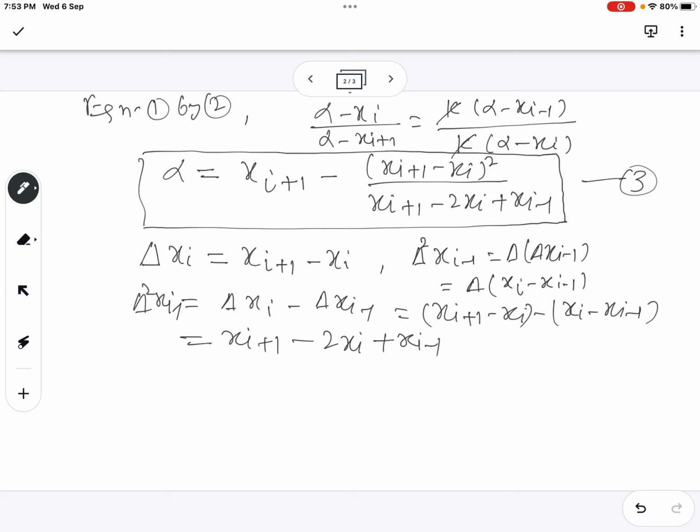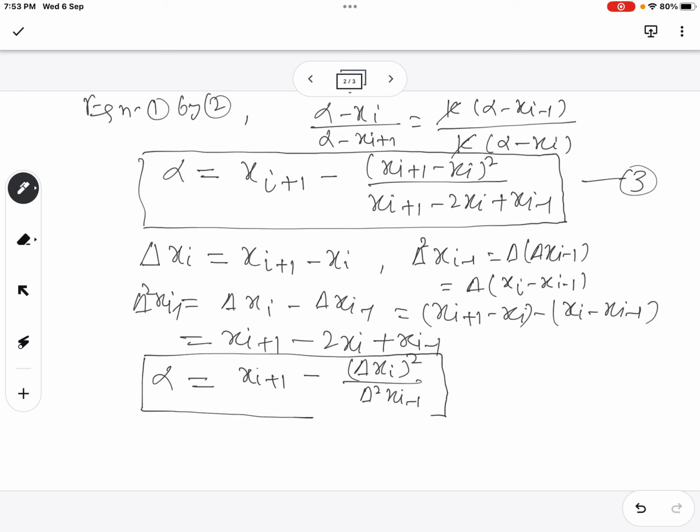Hence this formula can be written as alpha is equal to x i plus 1 minus (delta x i) whole square by delta square x i minus 1. This is the compact form of equation 3.